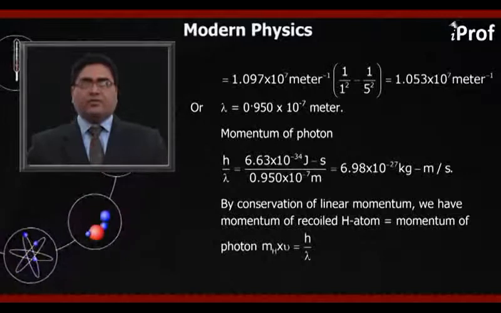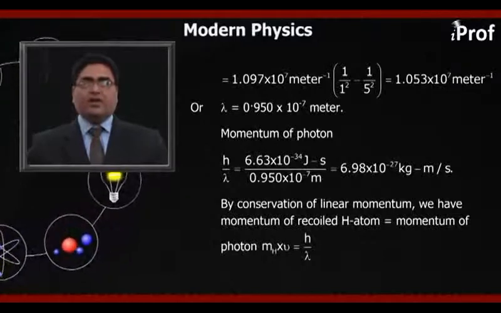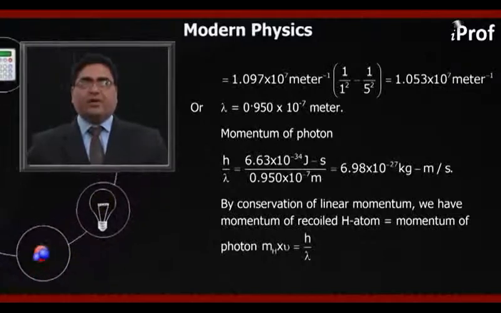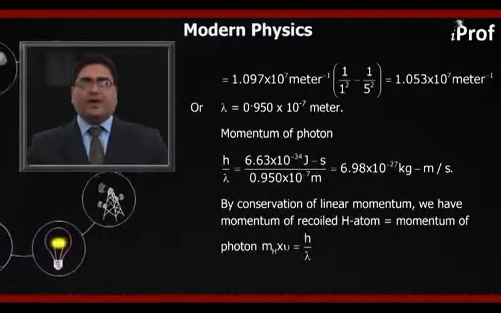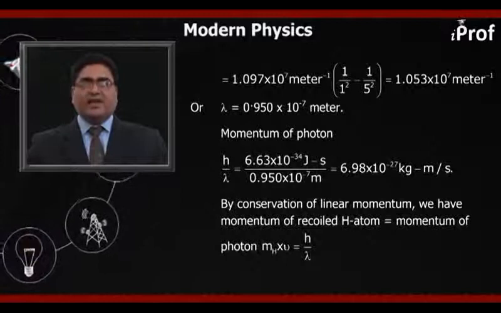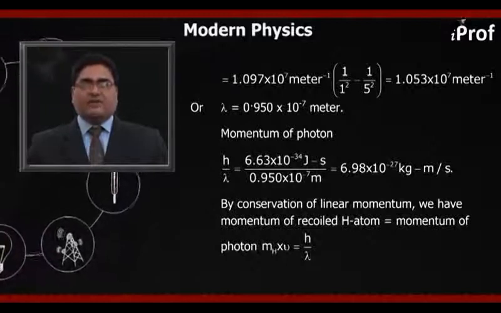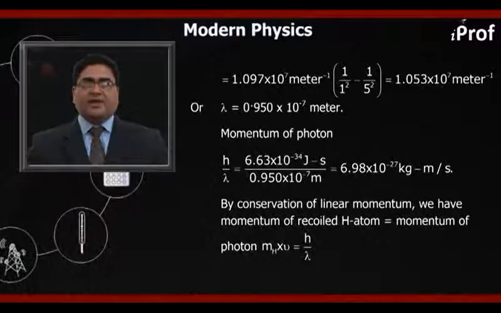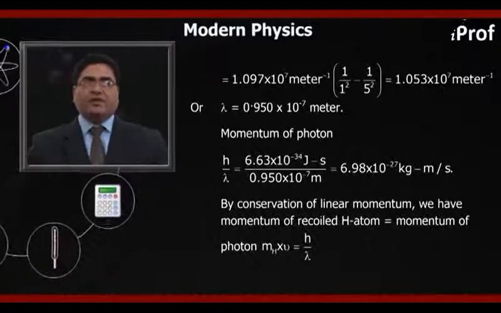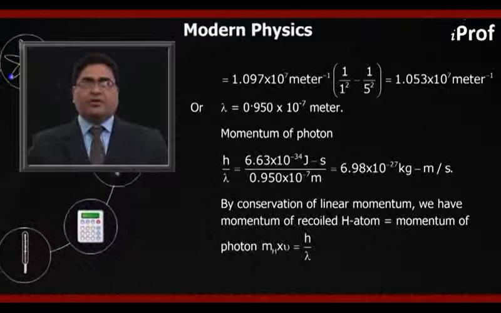Momentum of photon equal to h upon λ equal to 6.63 × 10^-34 divided by 0.95 × 10^-7 equal to 6.98 × 10^-27 kilogram meter per second. By conservation of linear momentum, we have momentum of recoiled hydrogen atom equal to momentum of photon.